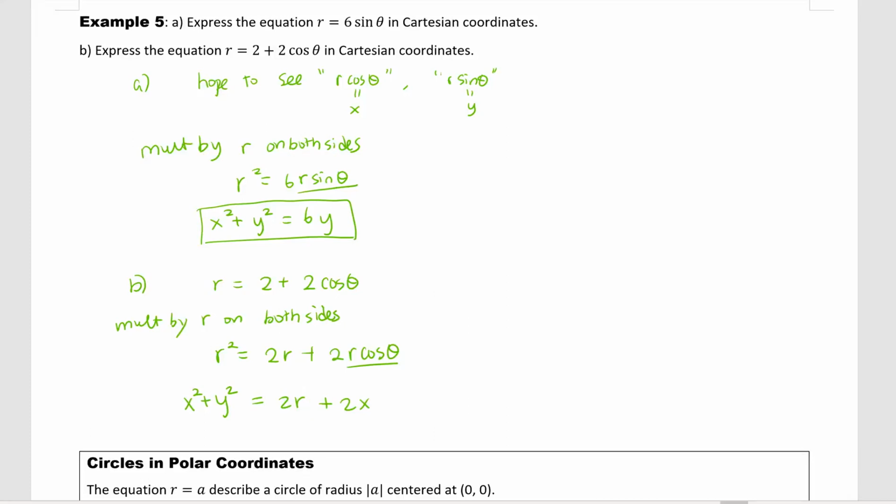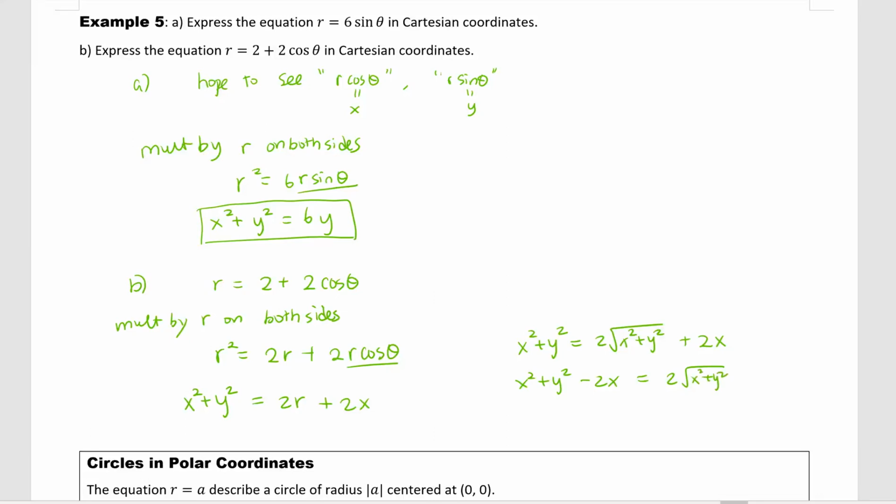Okay, so that's why we get x squared plus y squared equals 2 square root of x squared plus y squared plus 2x. So far, so good. Sometimes people want to get rid of the square roots. So people would subtract the 2x on the other side, and then they get 2 square root of x squared plus y squared.